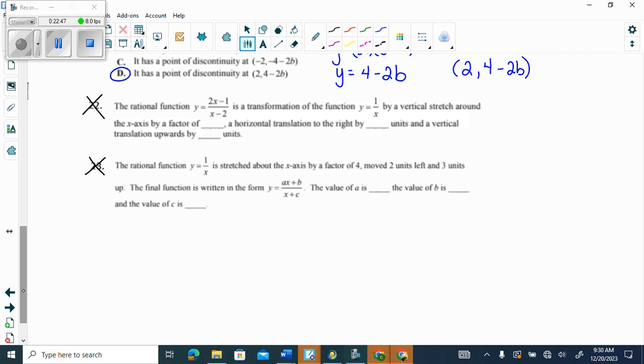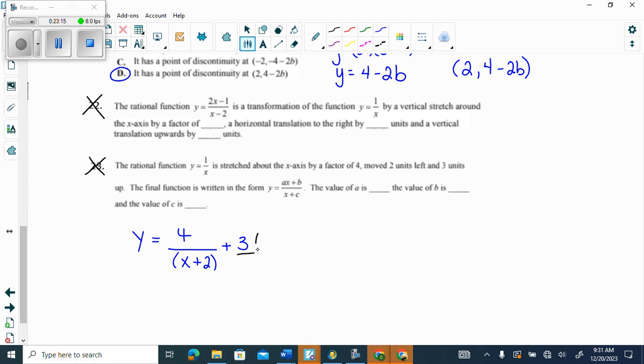You would have to go y equals 1 over x, stretched about the x-axis by a factor of 4. So you could have a 4, and you'd have x plus 2, and then plus 3, and then you have to make a common denominator to make it into that form.